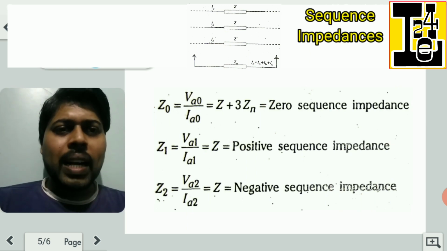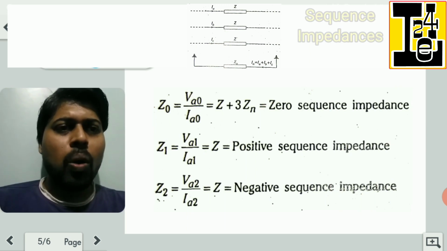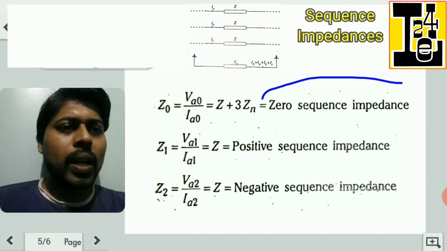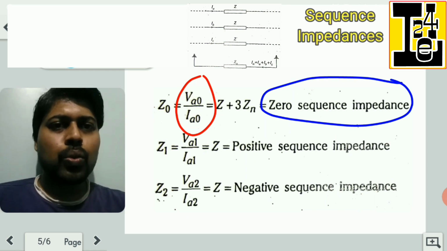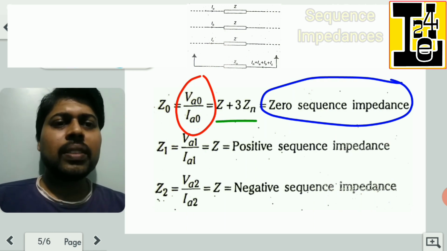By observing these equations, we can write the expression for zero sequence impedance as VA0 divided by IA0 equals Z plus 3Zn.